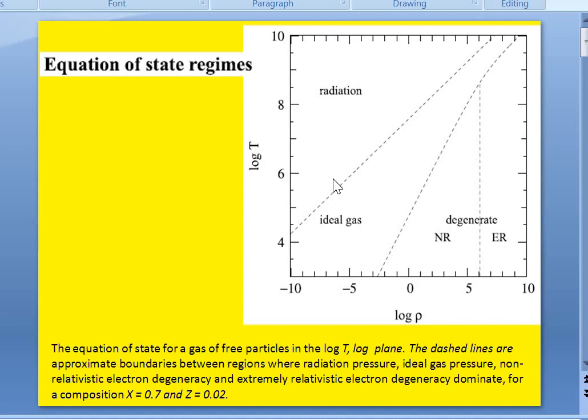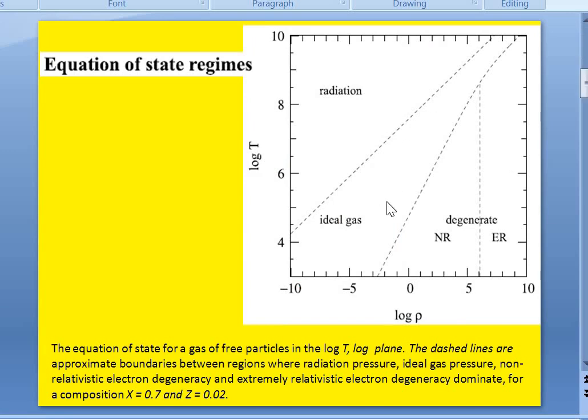Remember, when I am talking about non-relativistic and extreme relativistic cases, I am talking about the T is equal to 0 approximate cases, right? The finite temperature case will be a little bit different. Now I am showing this for a composition of, say, x is equal to 0.7, z is equal to 0.02. So basically solar composition.